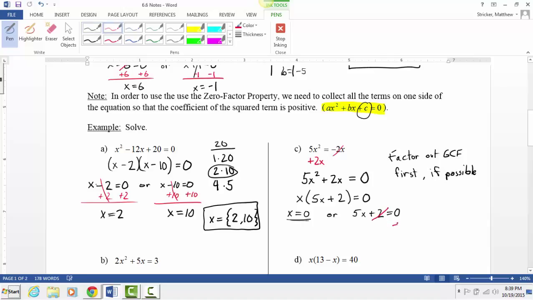We need to move this positive 2 over to the other side. So that leaves us 5x on the left, and now there's negative 2 on the right. 0 plus negative 2 is negative 2. And to solve for x, we need to divide by 5. When you divide by 5, you get x equals negative 2 over 5.